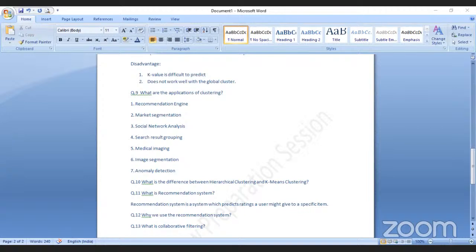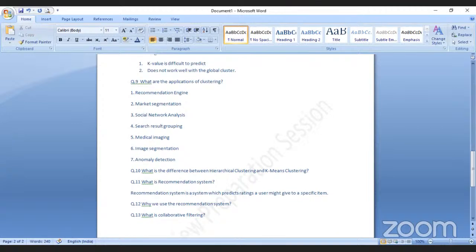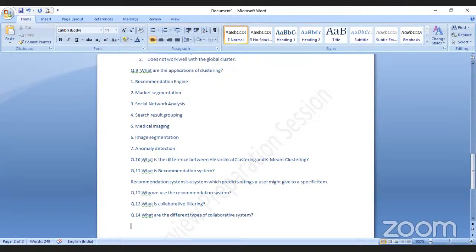What are the different types of collaborative systems?